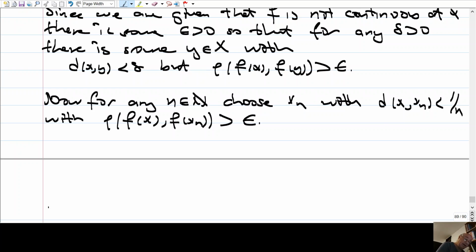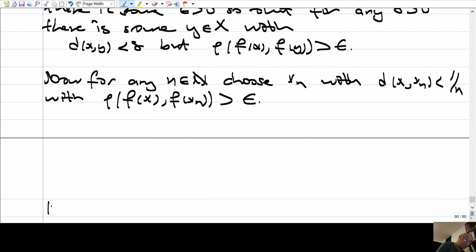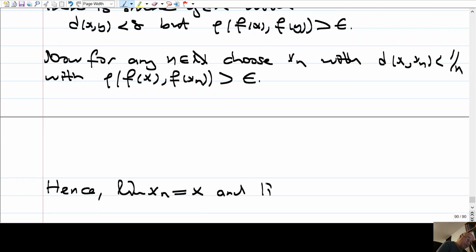This means what? Hence, since this is less than 1 over n, the limit of xn is equal to x. But this distance is never less than epsilon. I found an epsilon, and this distance is never less than epsilon. So the limit of f of xn is not equal to f of x.